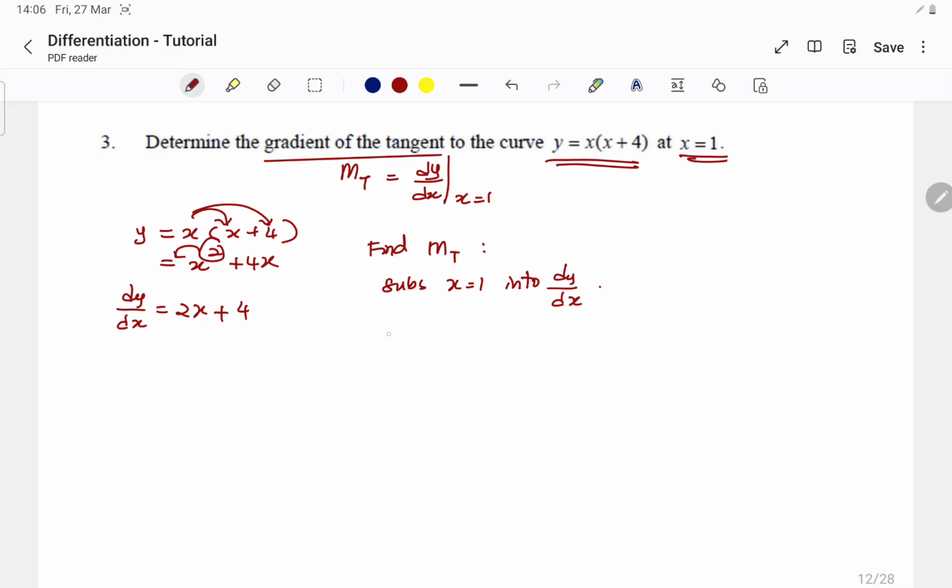So when x is equal to 1, dy/dx is equal to 2 multiplied with 1 plus 4. Total is 6. So this is your gradient of tangent. mt is equal to 6. Okay, so that's it for question 3.